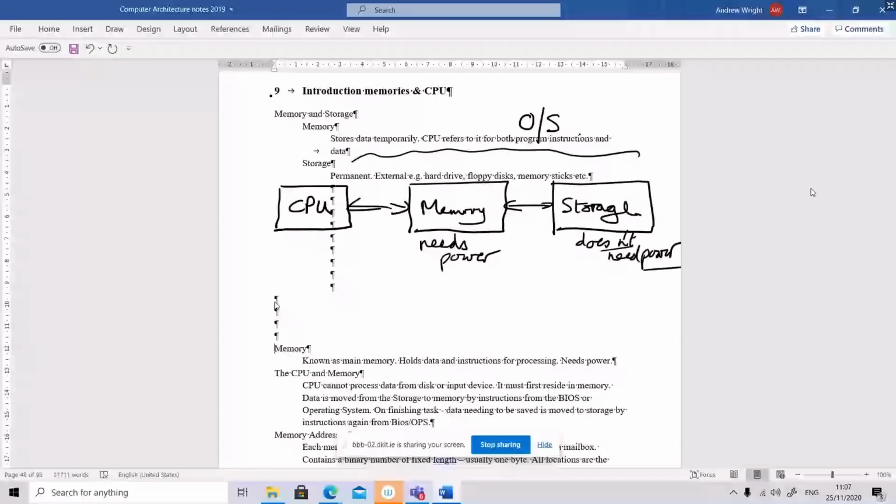Basically what the operating system does is it takes the program that runs Microsoft Word and puts it into memory. From there, it can feed information into the CPU to be processed, and the CPU can pass information out to the memory. And that's relatively quick. It's obviously quicker than getting it from storage.